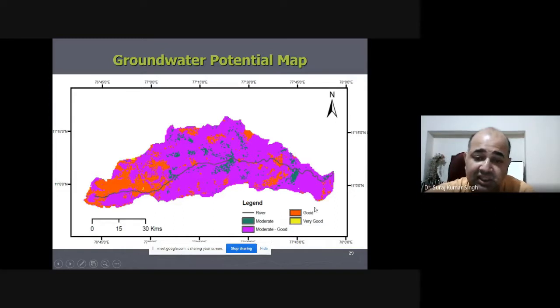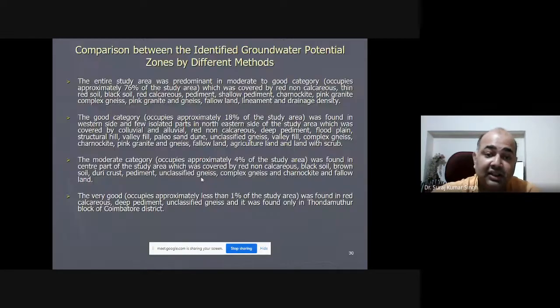So you can see which areas have good potential, which areas have very good, which are under moderate, and which are under moderate to good. And this is the output map, and all the input maps were the maps that we have already studied in our previous slide.